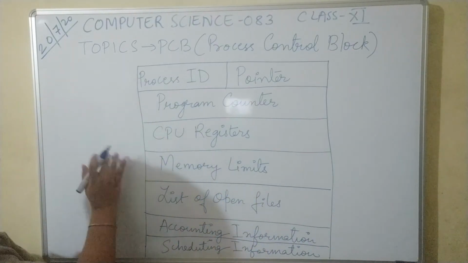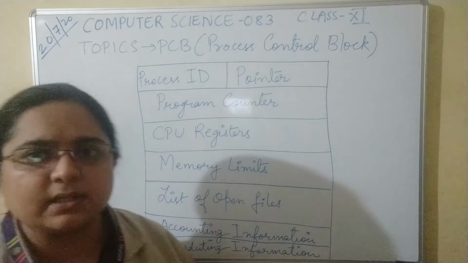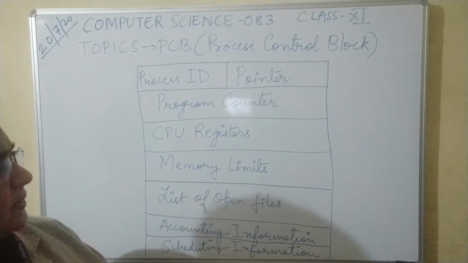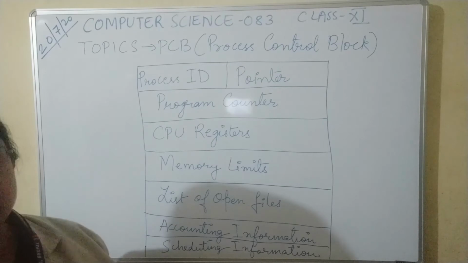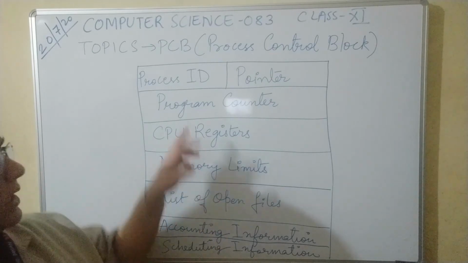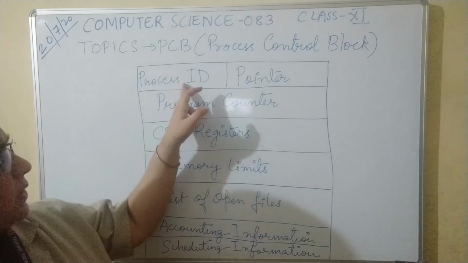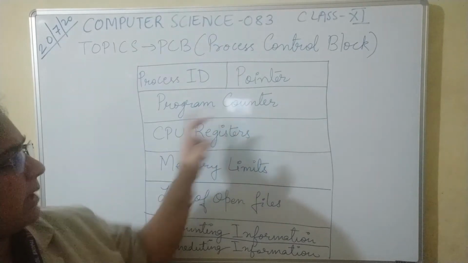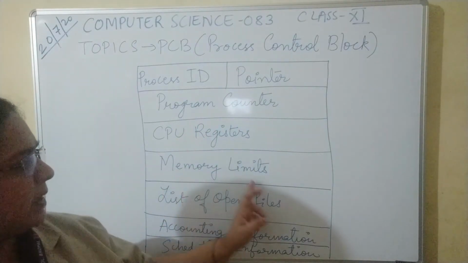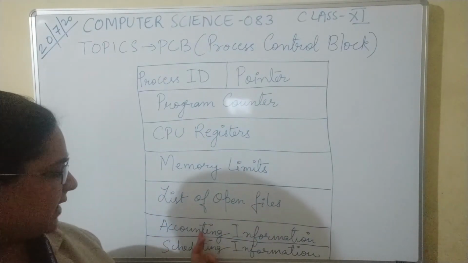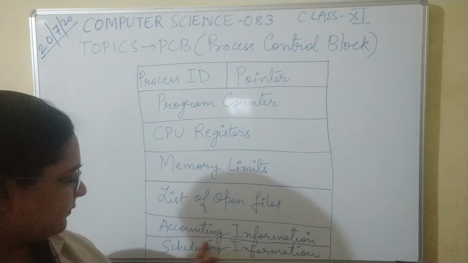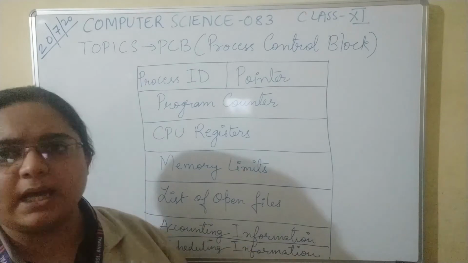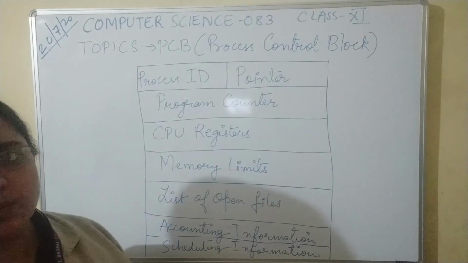So this is a PCB, that is, a process control block. Every process, every program which becomes a process, that is, a program in execution, will have associated with it a process ID, pointer, program counter, CPU registers, memory limits, list of open files, accounting info, scheduling info, and any other information if it is required.